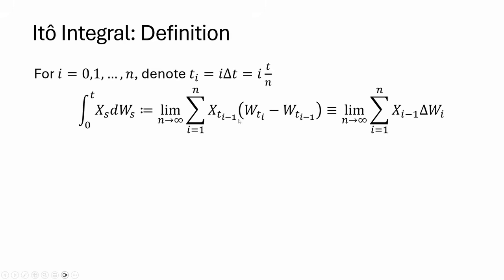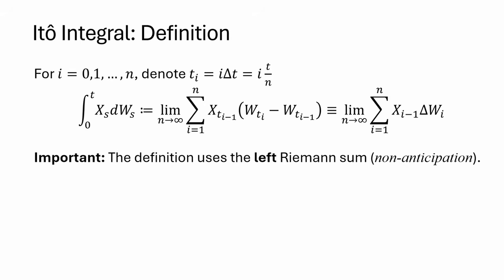And to simplify the notation, we just write X of t_{i-1} as X_{i-1}, and the increment of the Brownian motion as delta Wi. This is not to be confused with the random walk, in which Wi is only plus or minus 1. Here, delta Wi can take continuous values. And we reiterate that the definition uses the left Riemann sum. Once again, this is to respect the non-anticipation assumption.